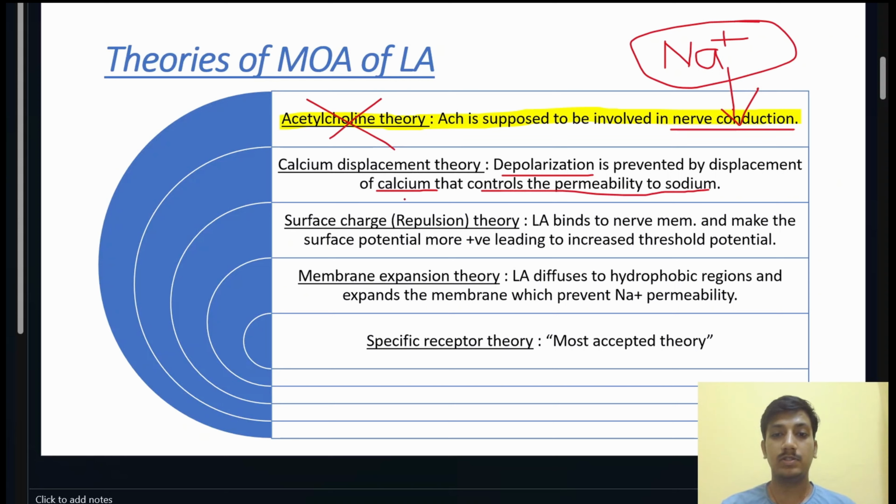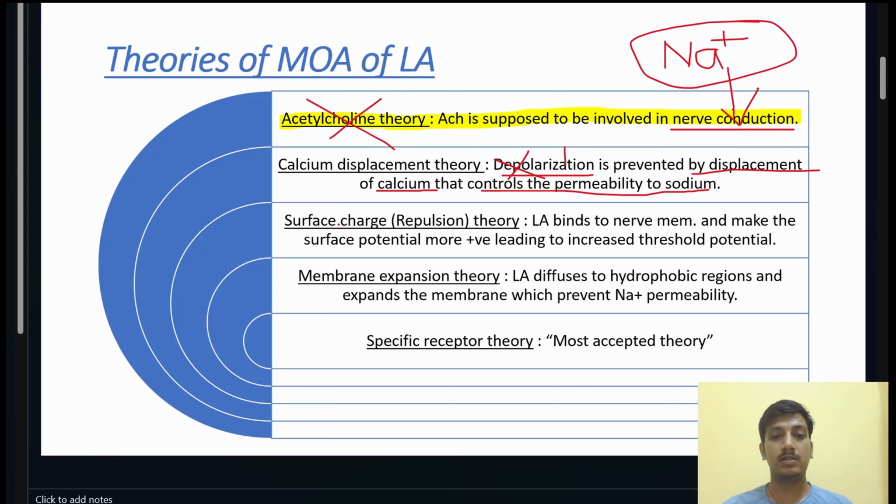The calcium ion which is present near the sodium channel, in the axoplasm, controls the permeability to sodium. If this calcium ion is displaced, then depolarization is prevented. But this theory also does not support the mechanism of action of local anesthetic agents.